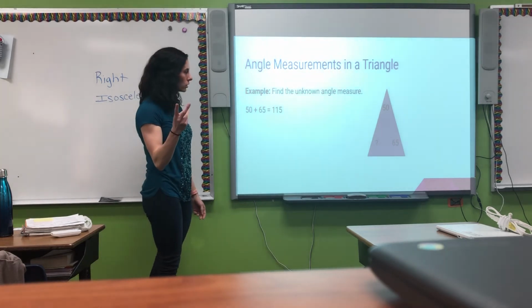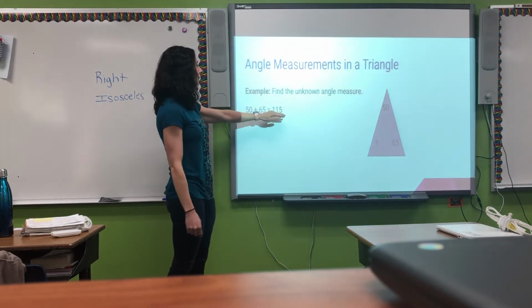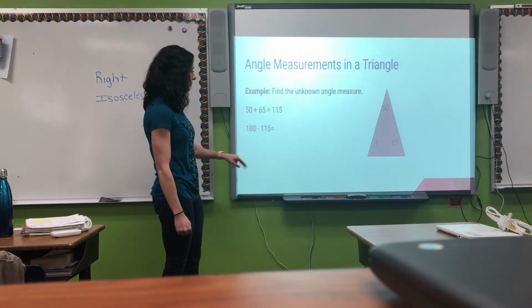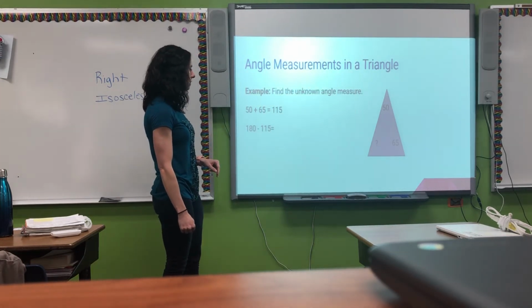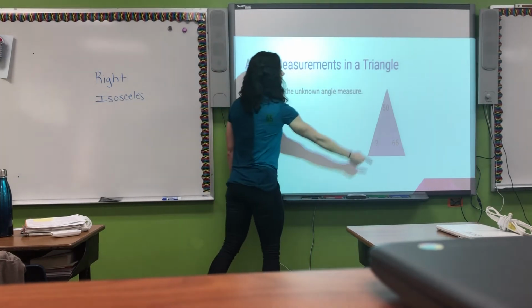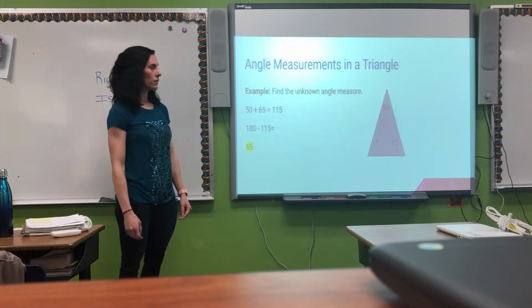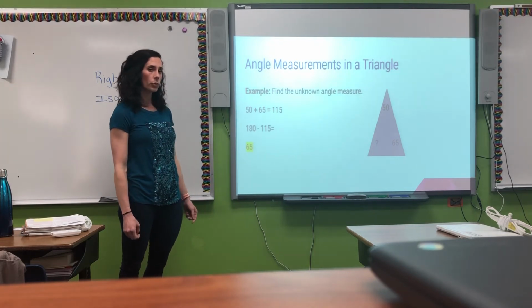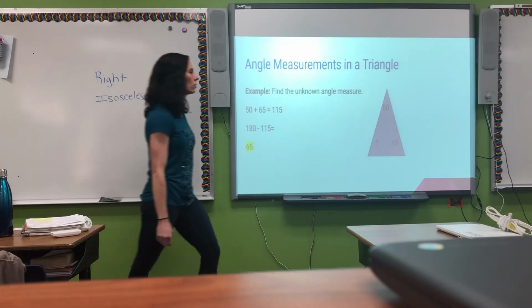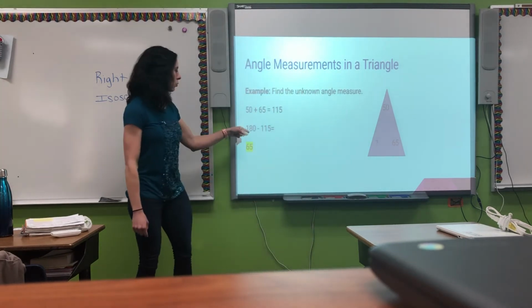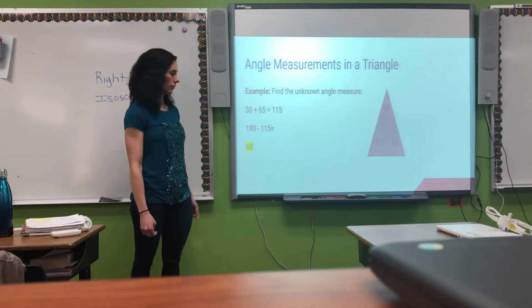Step 2, we're going to subtract 115 from 180. So 180 minus 115, and ta-da, 65 degrees. So our unknown angle is 65 degrees. You'll have to do this in your homework here in a minute. So again, add the two you know, subtract it from 180 degrees.